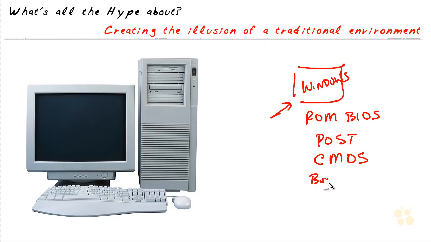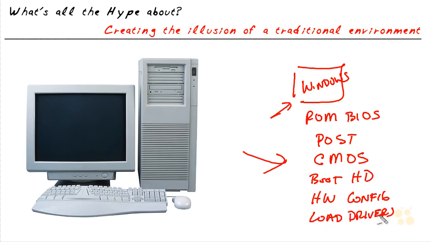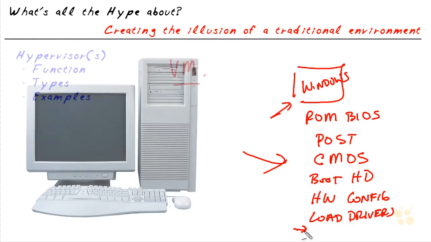It's going to boot to the hard drive. There's going to be a hardware configuration that's somewhere looked at to identify all of the hardware and associated peripherals that are attached to this machine. It's going to load drivers, and that includes device drivers and system drivers. And eventually, when it's done, it'll create a user interface for a human to interact with it, whether it's a command line interface or a graphical user interface.